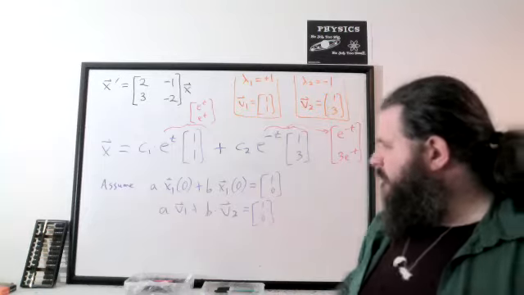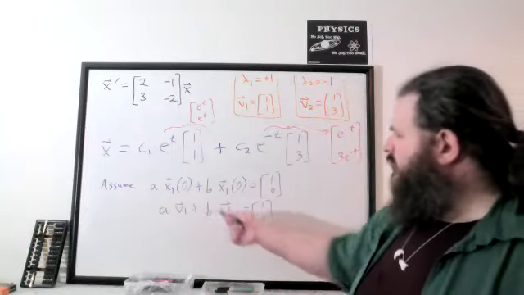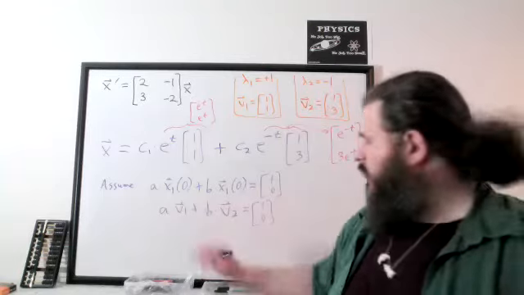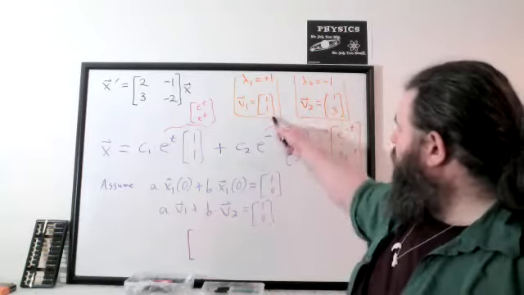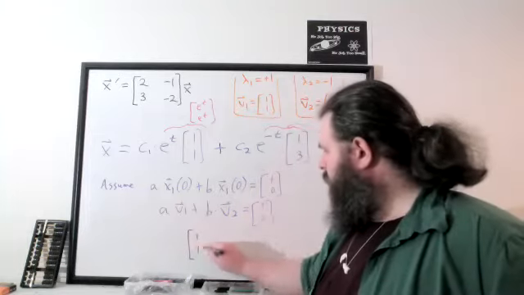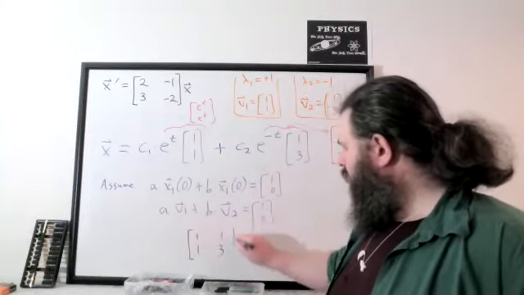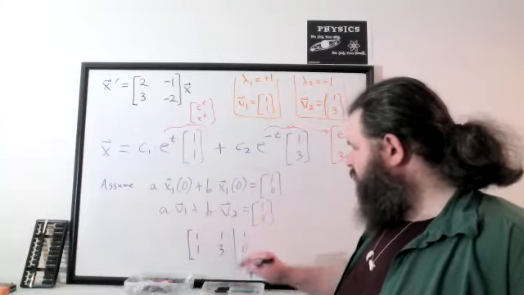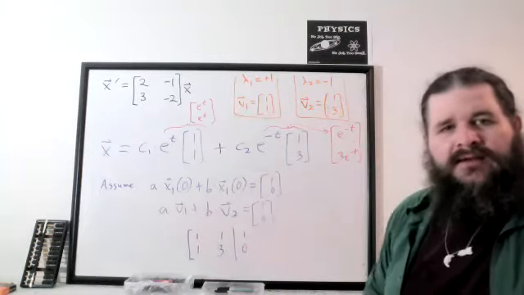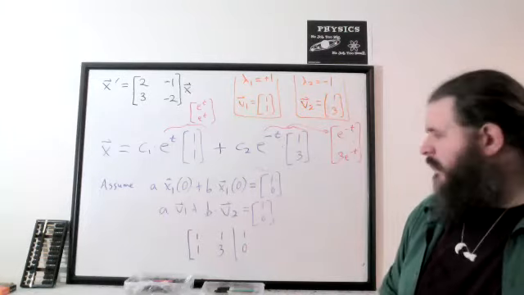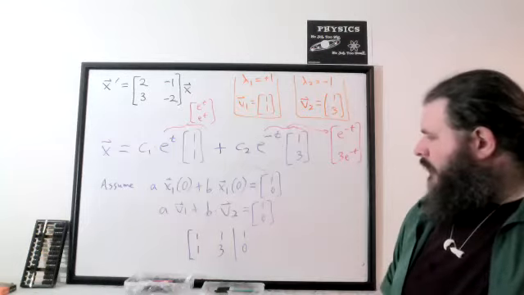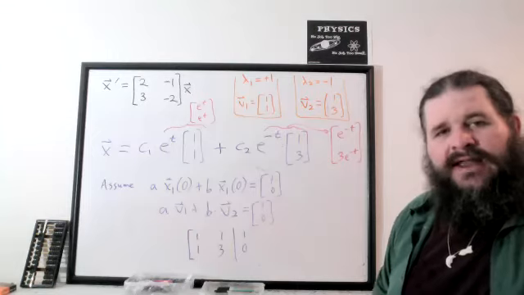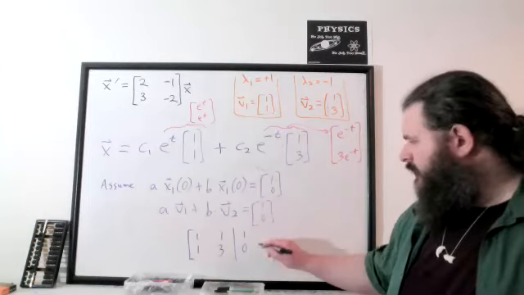So let's try that. Since this is essentially a system of equations, we should be able to just combine the eigenvectors, 1, 1, 1, 3, augment with 1, 0, and then row reduce. What's left should be the values of A and B. However, we're going to have to do this all over again for the other result.